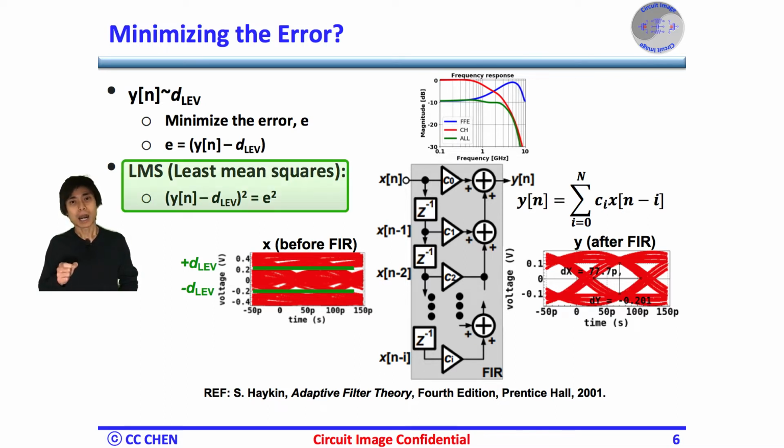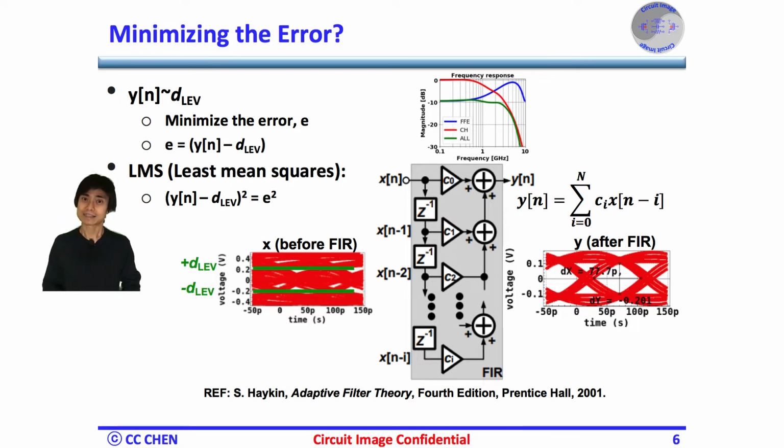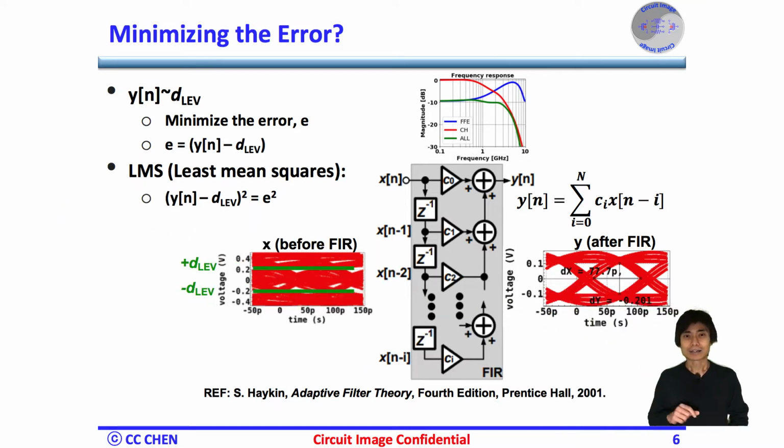Therefore, we can take the approximation goal with the least mean square LMS algorithm. As you may know, the LMS concept is not new and has been applied in the linear systems of several engineering areas for decades. Let's take a close look at the LMS with a few examples here.